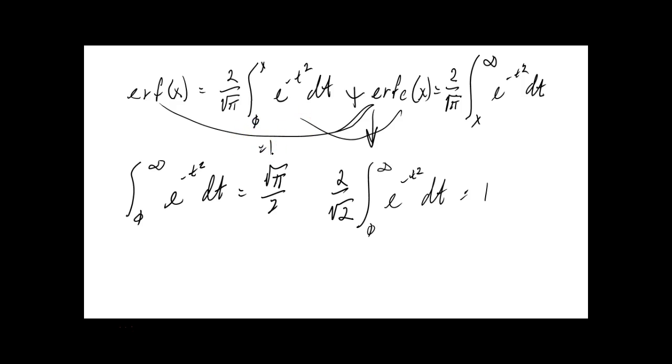Because of its importance in probability, statistics, and applied partial differential equations, the error function has been extensively tabulated, and that's what people use. They've done numerical calculations of this integral and have tabulated results to as many decimal places as you probably want.